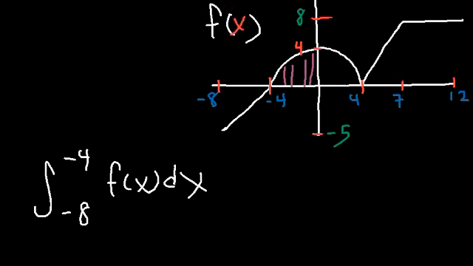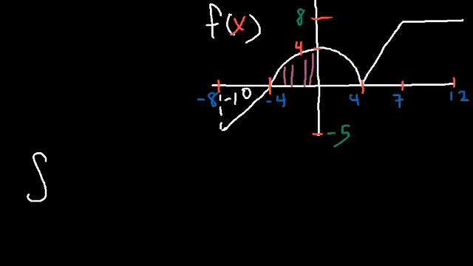So from -8 to -4, we're looking for the area of the triangle. The area of that triangle has a base of 4, and it has a height of 5. 4 times 5 is 20. Half of 20 is 10. So this is going to be -10, since it's below the x-axis.